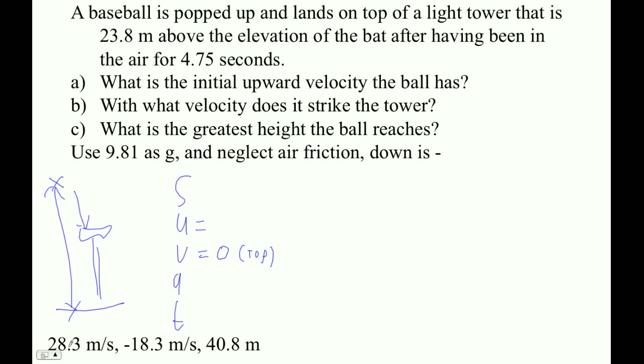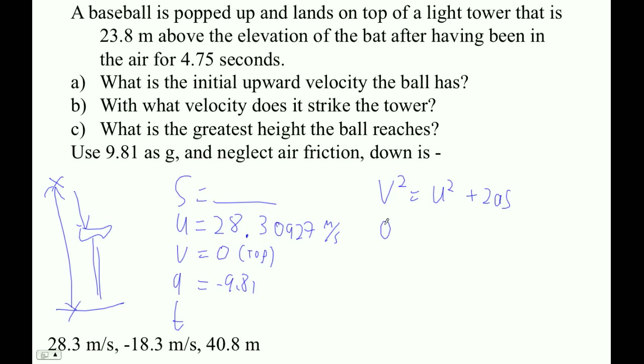All right, the initial velocity is this guy here. I'm going to use 28.30927 meters per second. The acceleration is negative 9.81, and we just want s, right? So we want to use no t. So 0 squared is 28.30927 squared plus 2 times negative 9.81 times s.